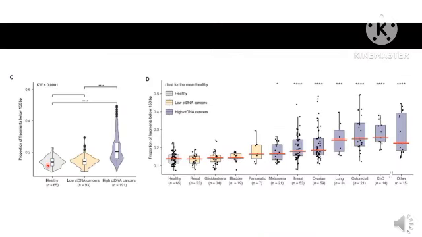So here cell-free DNA from healthy individuals is represented in this gray color, low cell-free DNA cancers are depicted in this color, and high cell-free DNA cancers are depicted in light blue color. So you can see here, healthy individuals will have approximately up to 10 nanograms.